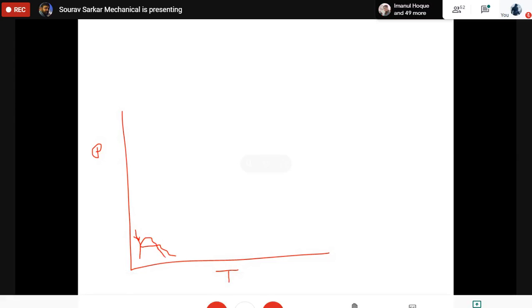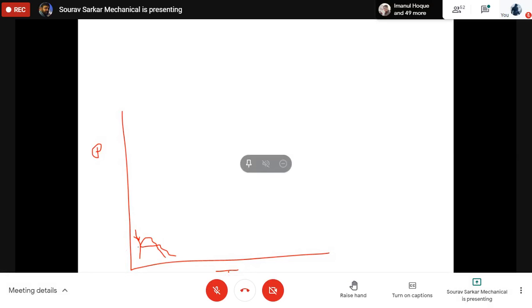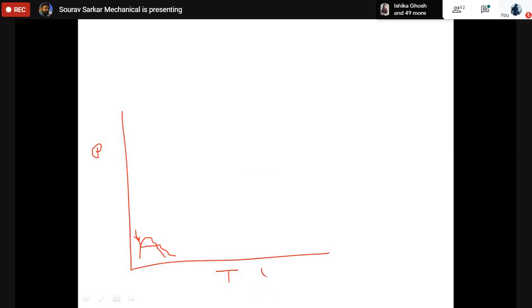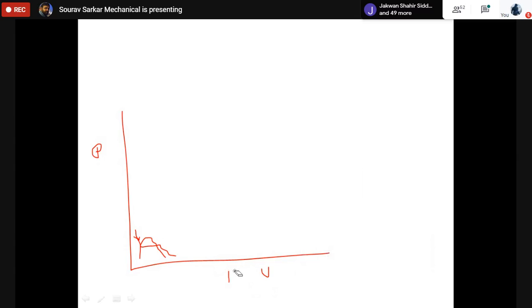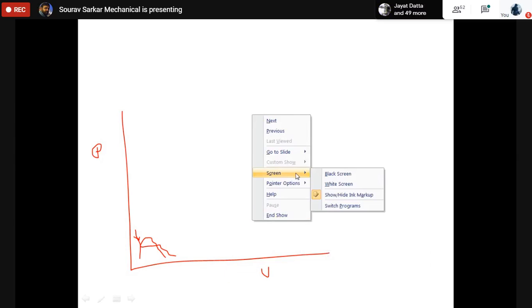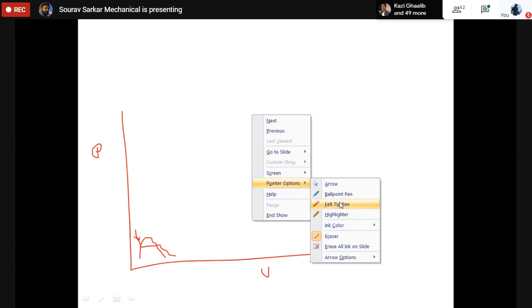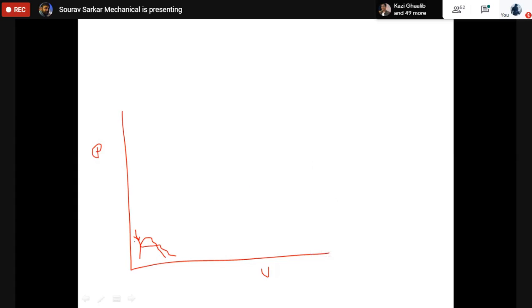Okay, sorry, I made a mistake. So this is volume. So this is my PV. If we construct it for some other temperature, my PV will look like this.